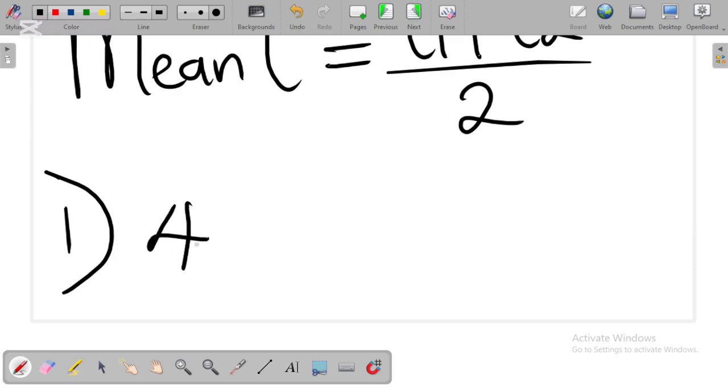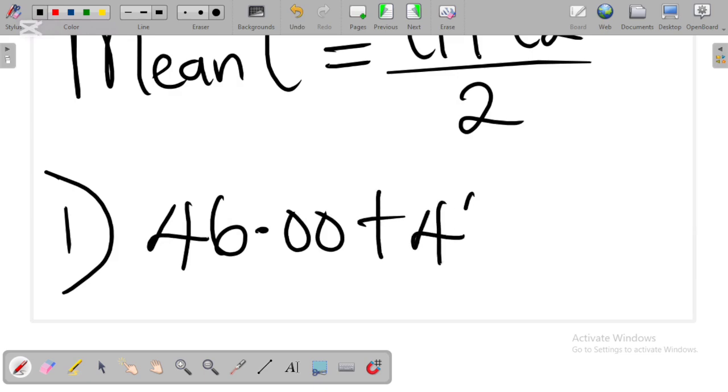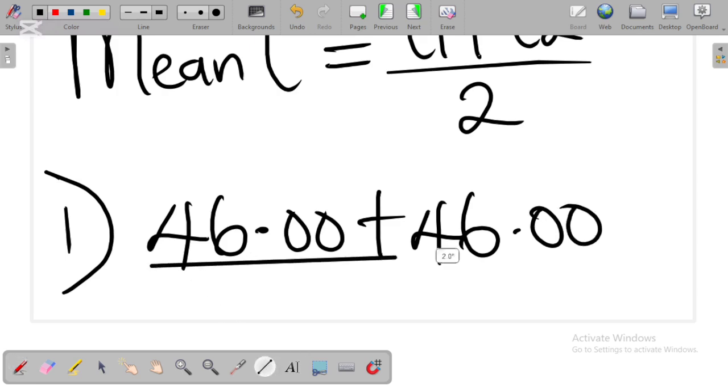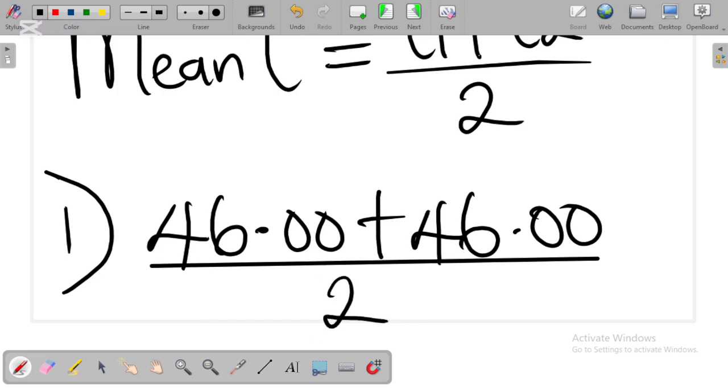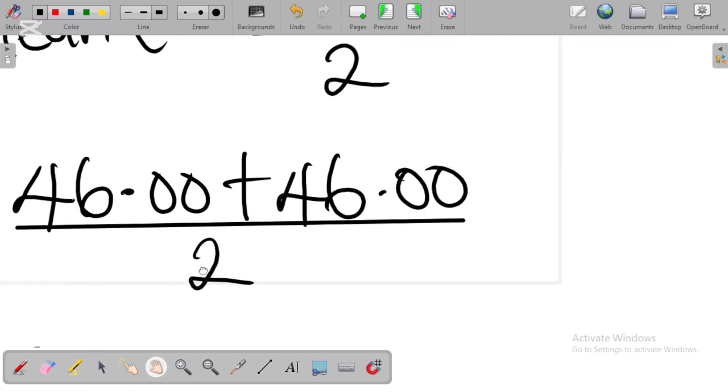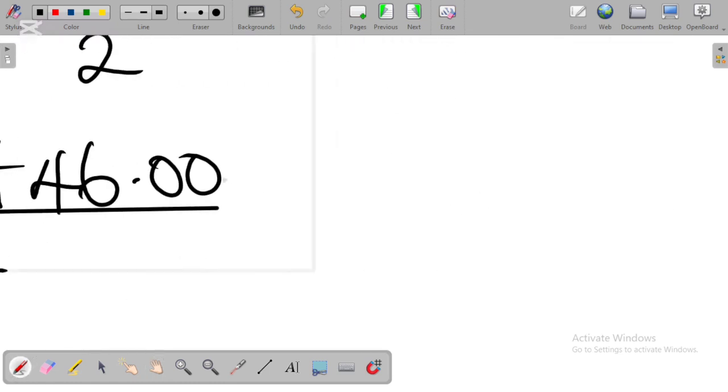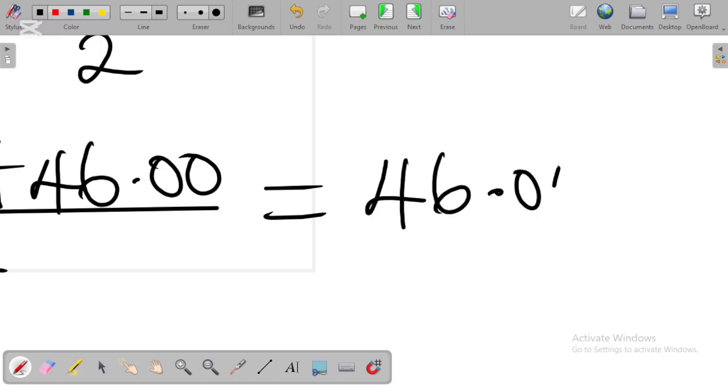So we have 46.00 plus 46.00, all divided by 2. So 46.00 plus 46.00 divided by 2 is 46.00.